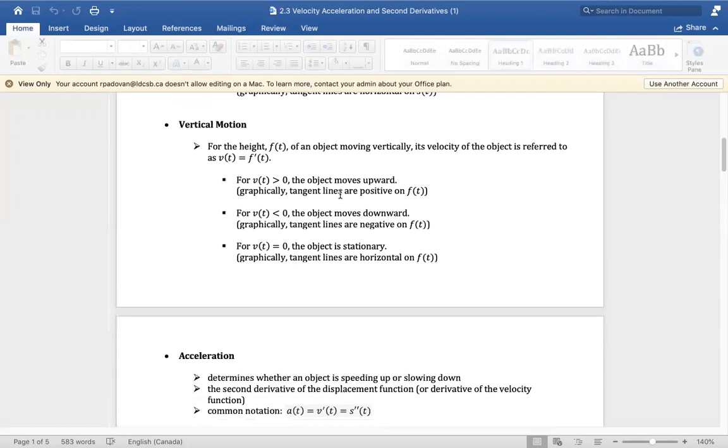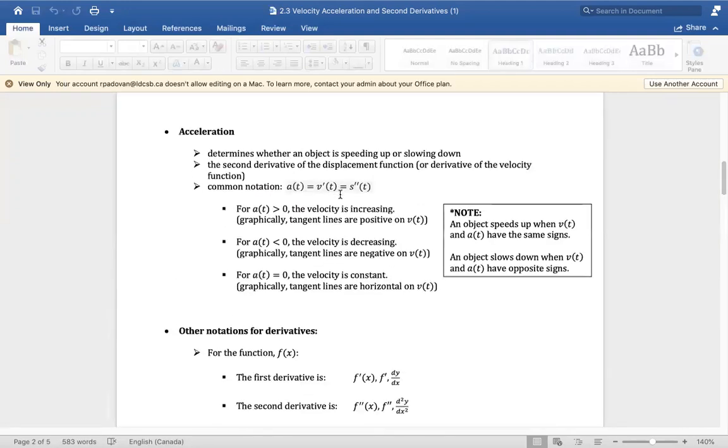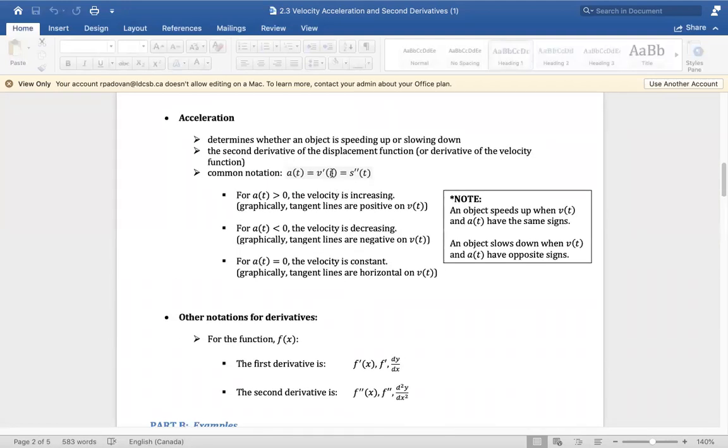So if I was to get the second derivative, which is just the derivative of the first derivative, that would be my acceleration. So common notation, I can use a for acceleration. The acceleration function is equal to taking the velocity function and taking the derivative of it, because that's already a first derivative, the velocity. Or s double prime of t, we could call it. So just getting the second derivative of the displacement function, right?